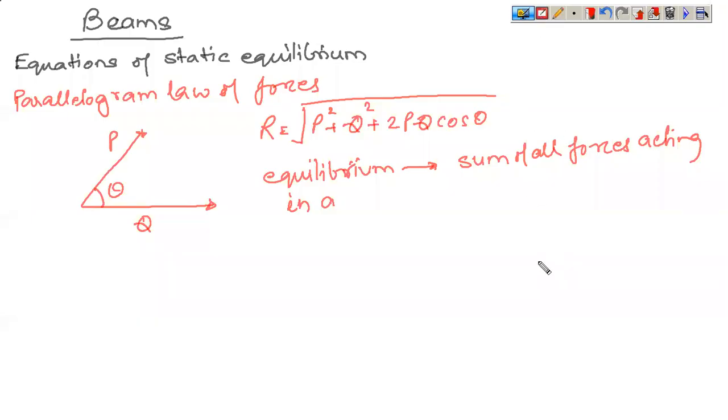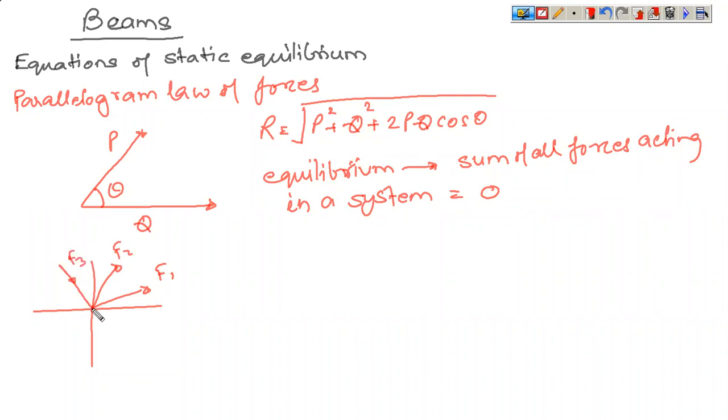Equilibrium means that sum of all forces acting in a system is equal to zero. Now, what do you mean by a system? System means that, let us say you have an xy coordinate system, and you have a number of forces F1, F2, F3, F4.